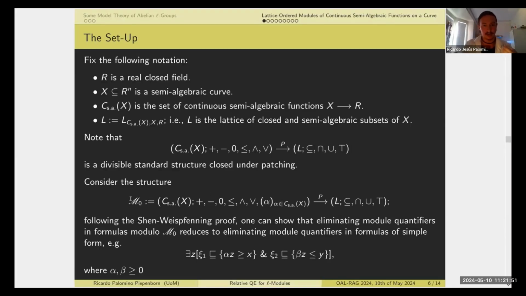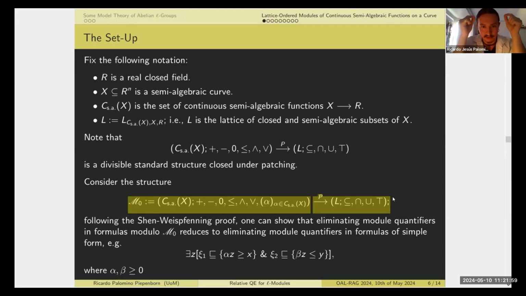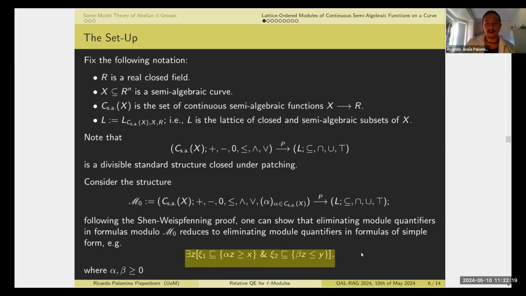So now I want to consider formulas in this structure over here. And the game is to eliminate module sorted quantifiers in formulas inside this structure. And actually following similar ideas to the Shen and Weispfenning proof, one can show that eliminating module quantifiers in this structure reduces down to eliminating module quantifiers in formulas of very simple form, like the one that you see here in this slide.